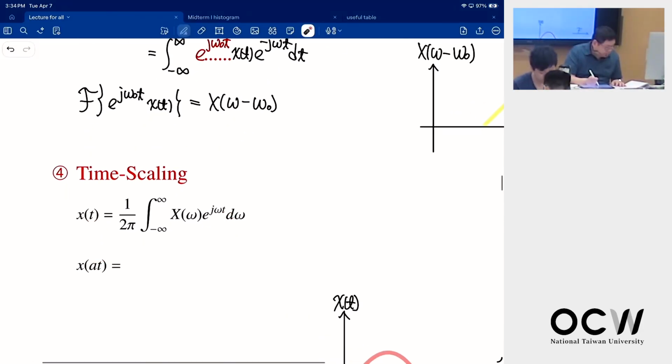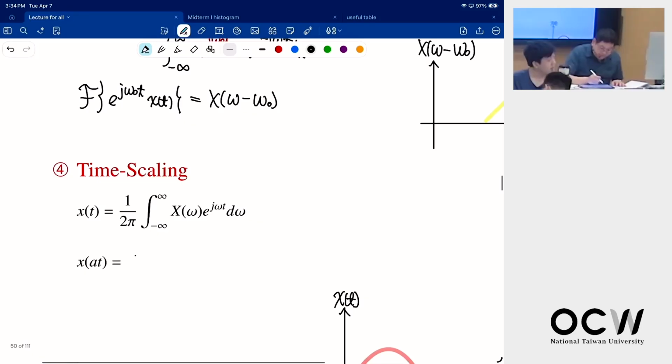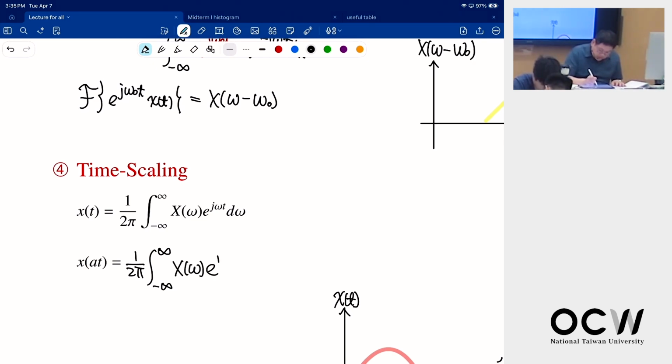So here we have 1 over 2 pi, integral of X(omega) e to the j omega at d omega. So now let's change the variables.